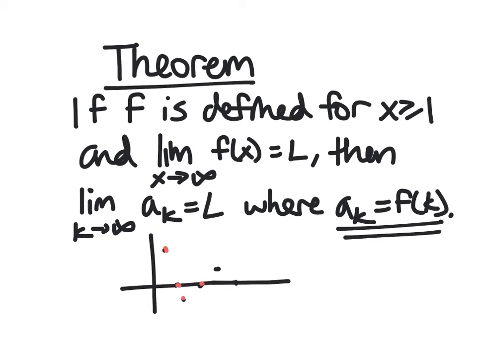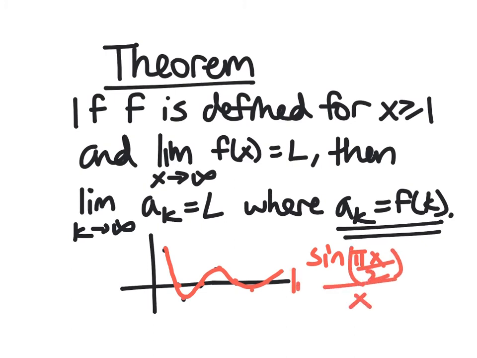And I realized that this is all in black and that was a terrible idea. Then okay, it seems like this is going to 0. Well, sure, I can try to use the error bound. Or I can fill this in and say, hey, what happens to sine of pi x over 2 over x as x goes to infinity, and use the squeeze theorem, right?